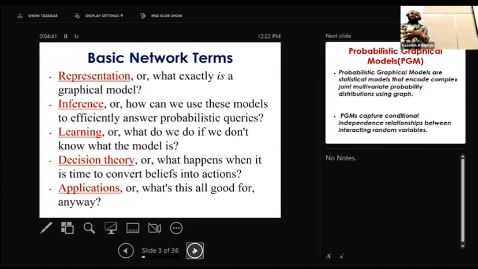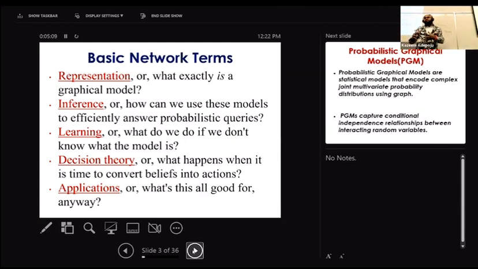Because we're going to use the idea of independence and conditional, the marginal probability and the like that we've done before, we're going to make use of probability theory. So the combination of these two is what we basically call probabilistic graphical model.